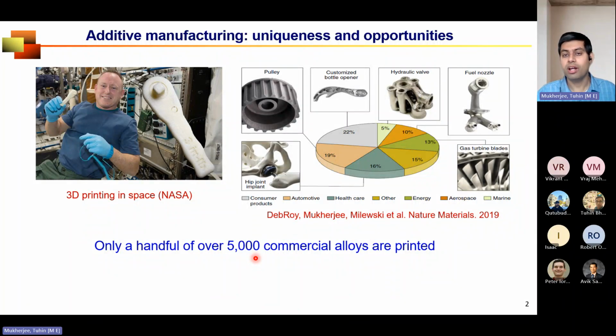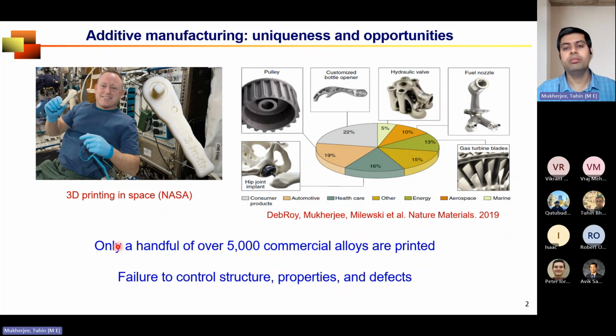And how many of them you can print, you can probably count with your 2 hands. That few. And what is the problem? The problem is we can't control successfully the structure, microstructure, mechanical properties and defects that affect the mechanical properties.